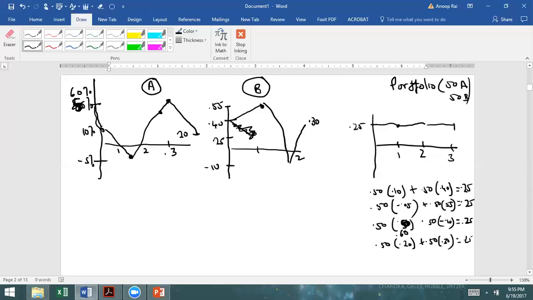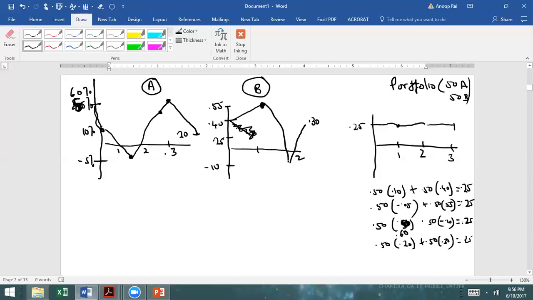When my stock went from 10% to -5, how many points did I drop? I dropped 15%. What did I do here? I showed 40% went up 15%. Next year, when this stock went up from -5 to 60, that's a 65% increase.